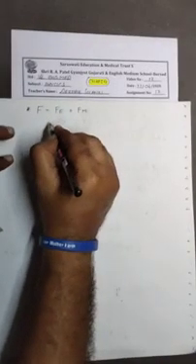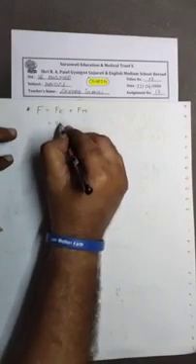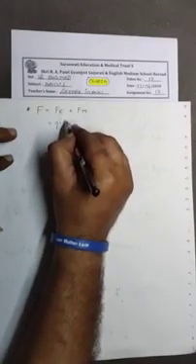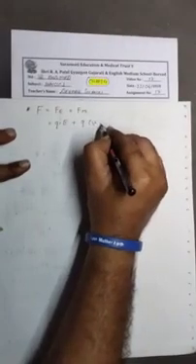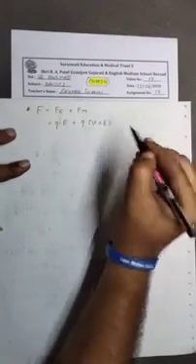Now we have already seen the equation of electric force, that is Q multiplied by E, plus the equation of magnetic force, Q multiplied by V cross B.